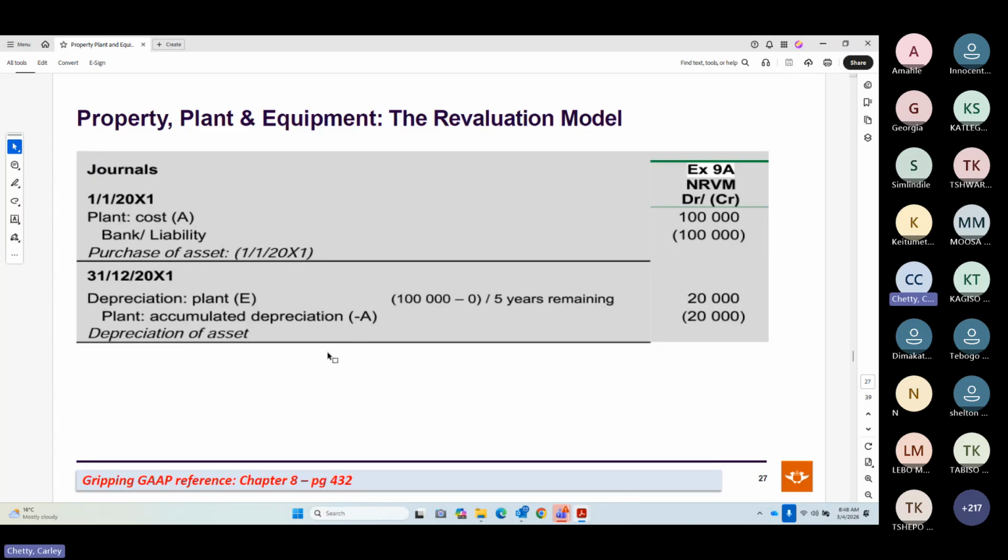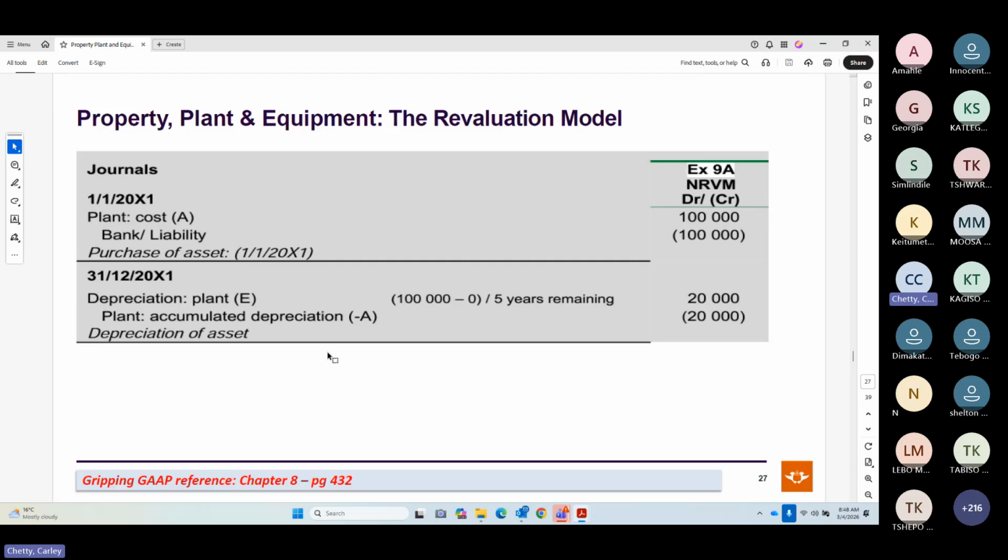On 1 Jan 20X1, when the asset was purchased, we record the plant cost. We are going to debit plant cost with 100,000 and credit bank with 100,000. So this is the purchase of the asset.